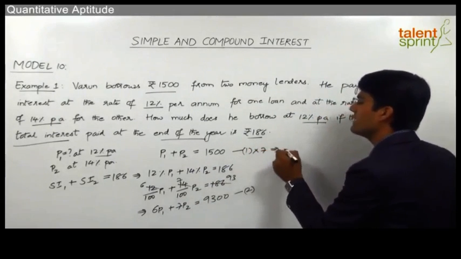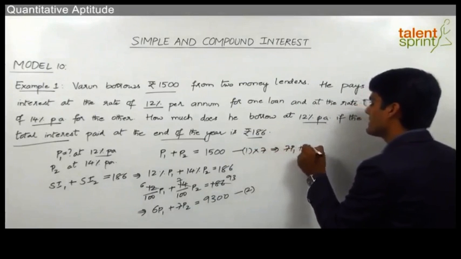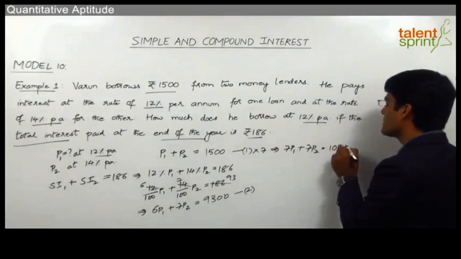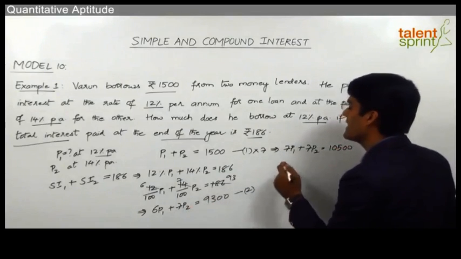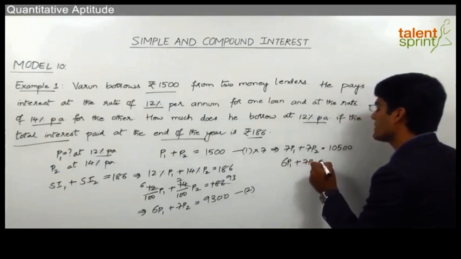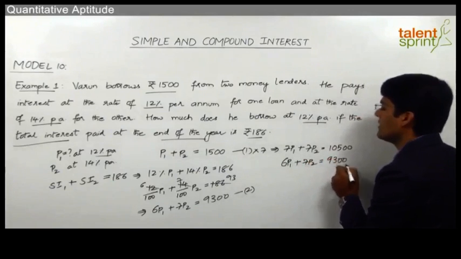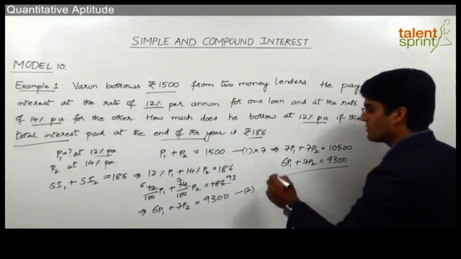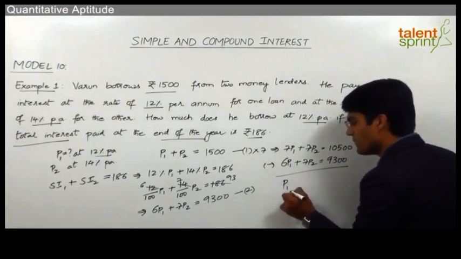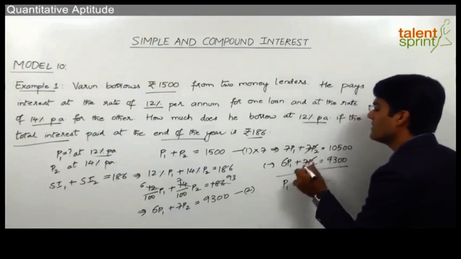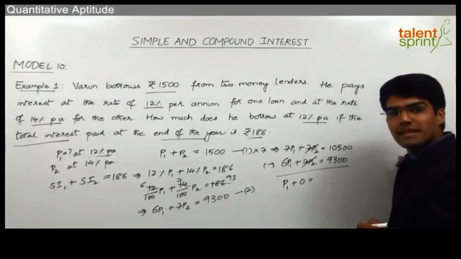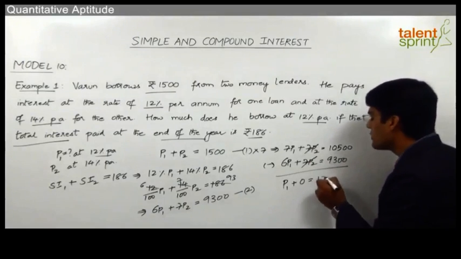So we get 7P1 plus 7P2 equals 1500 into 7, which is 10,500. And we know the second equation is 6P1 plus 7P2 equals 9300. So these are the two equations that we have. Now by subtracting them, we get 7P1 minus 6P1 is P1, and the 7P2 gets cancelled, equals 10,500 minus 9,300, that would be 1200 rupees.